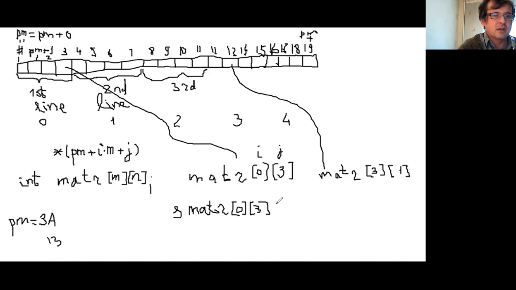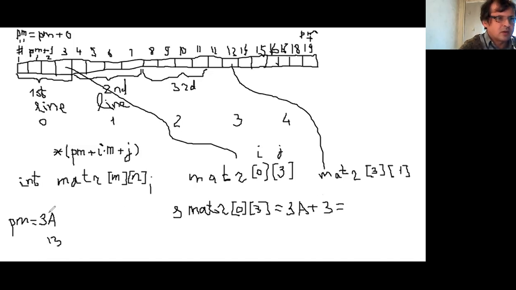So the address of this matrix element in this case will be 3A plus 3. Or it is not 13.